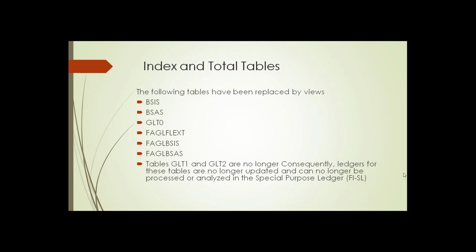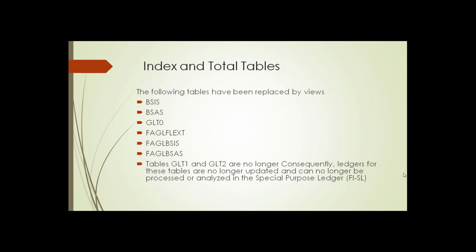So normally the data is picked up from these tables. These tables are called index tables. So BSIS, BSAS, BSIK, BSAK, BSID, BSAD, these are all index tables. And FAGL Flex T is a totals table.